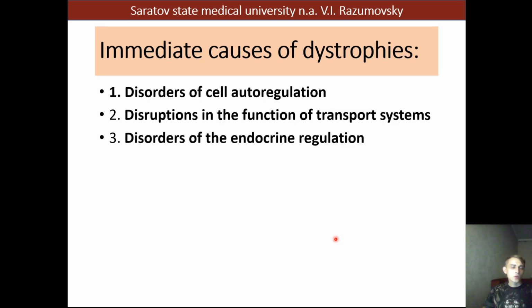There are only three immediate causes of dystrophies or degeneration. The first one is disorders of auto-regulation of the cell. For example, if one cell has problems with its nuclei or ribosomes, it will lead to degeneration in this cell.